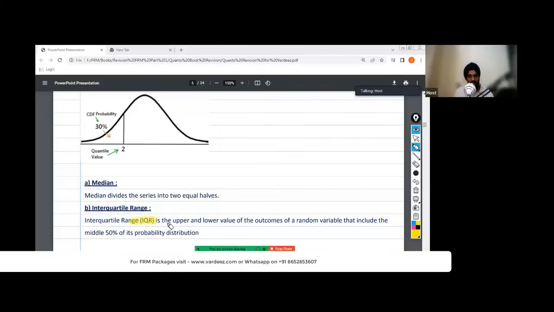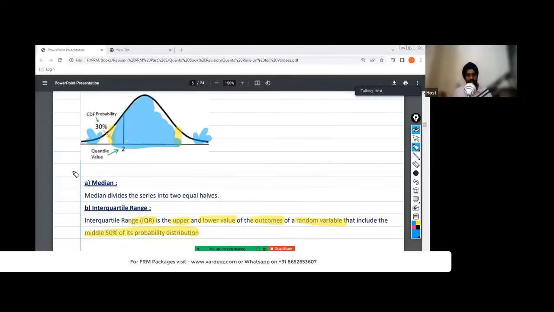The interquartile range is the upper and lower value of the outcomes of a random variable that include the middle 50% of its probability distribution. So I have this 50% of the data in the middle, and I leave out this portion and this portion.